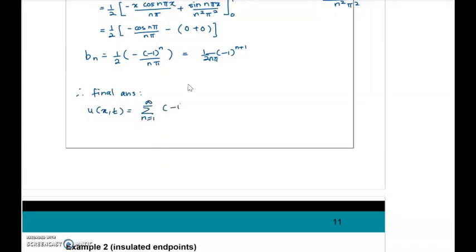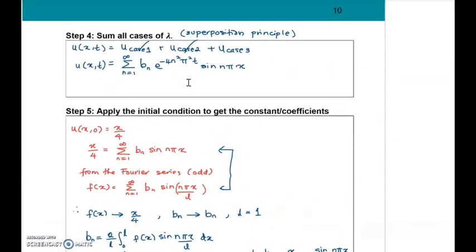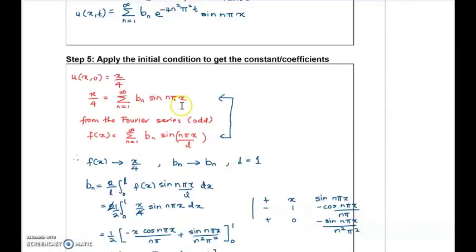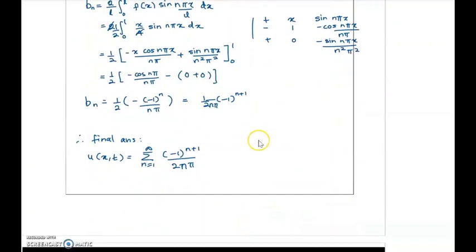So we have negative 1 to the power n plus 1 over 2n pi. If we go back to this one, we have the exponent term here: exponent negative 4 n square pi square t, times sine n pi x.